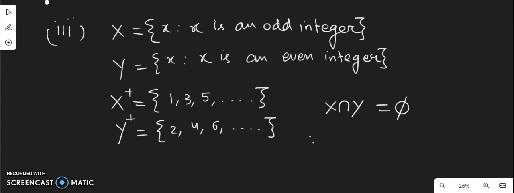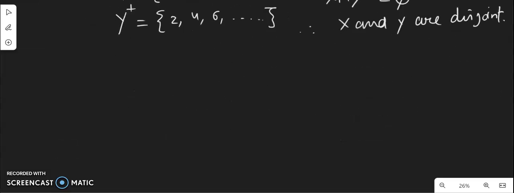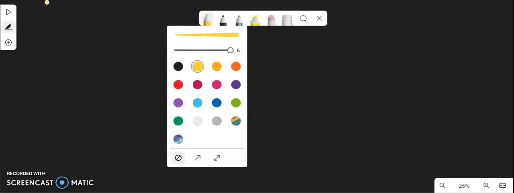Therefore, I would say that X and Y are disjoint. Pretty common: I just need to see whether the two sets have something in common or not. If they have nothing in common, you can simply say these are disjoint sets, else they are not disjoint.